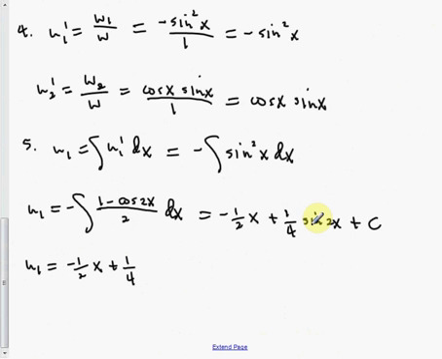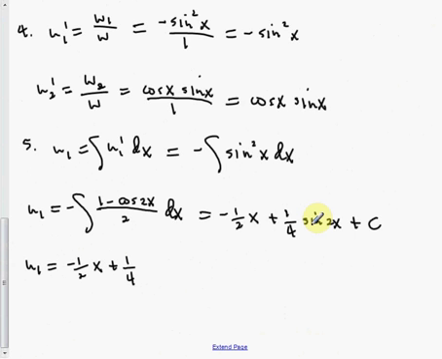Sine 2x can be written as what? It's a trig identity. Isn't that 2 times cosine x times sine x?